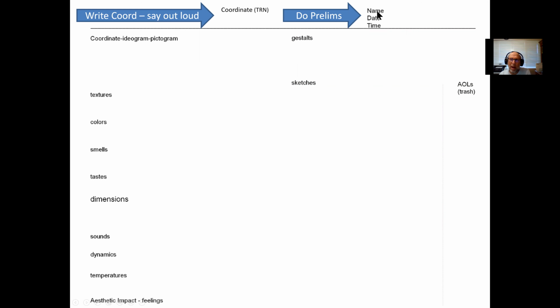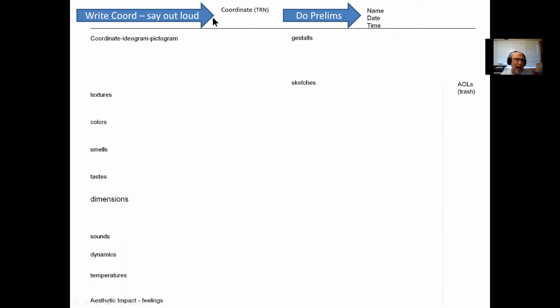Almost everybody puts their name, a date, and time for record keeping. And there's this thing called the ideogram or pictogram. It's like a little sketch. You've seen examples of that. There's lots of information about that, but that's a good way to start, just because it gets you going.